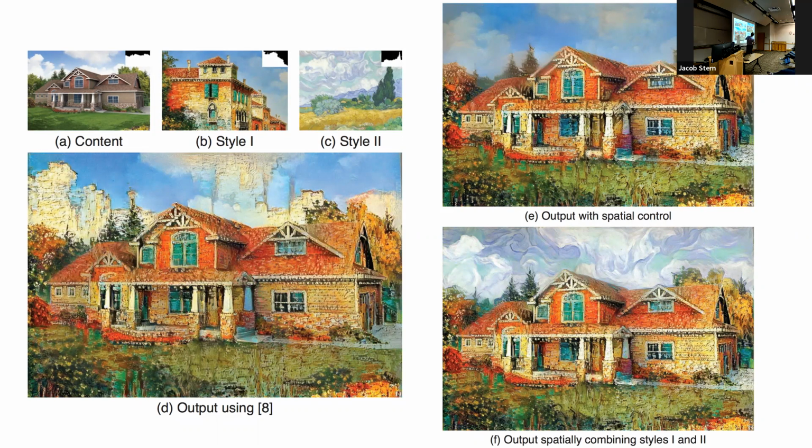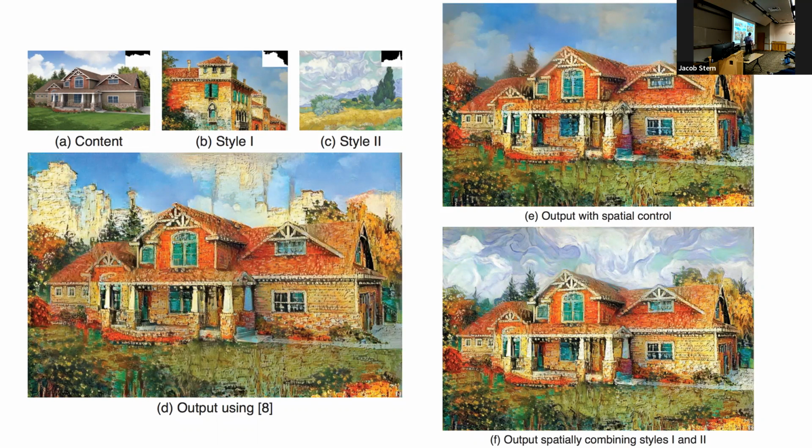However, with spatial control, we basically draw regions around the border of the house, and say we want to transfer this sky pattern to the region above the house and the building pattern to the house itself. And you can see this a little better.